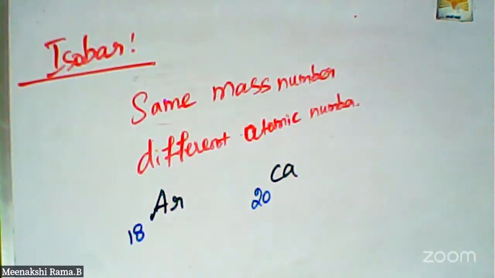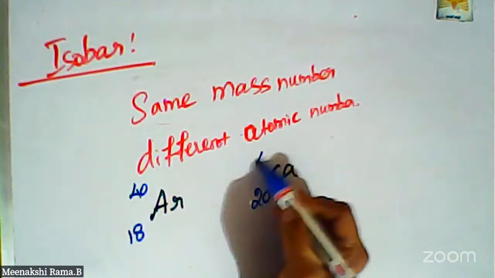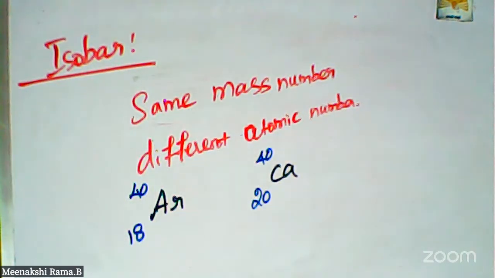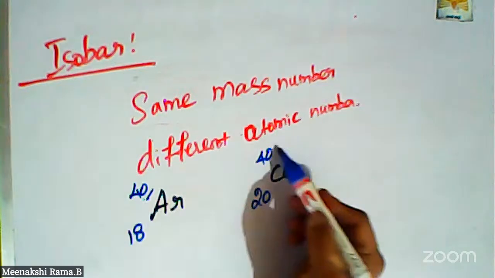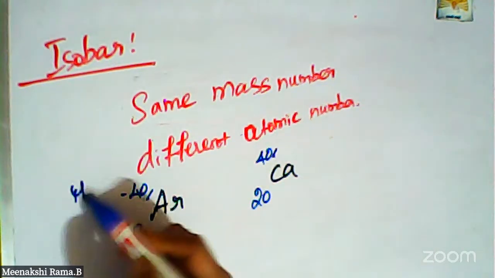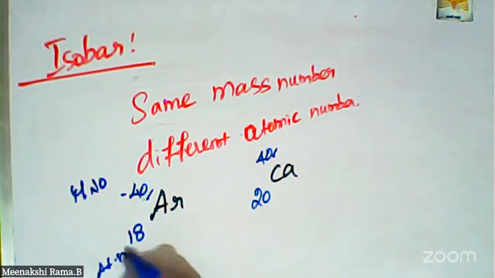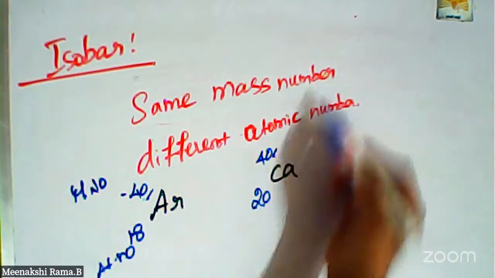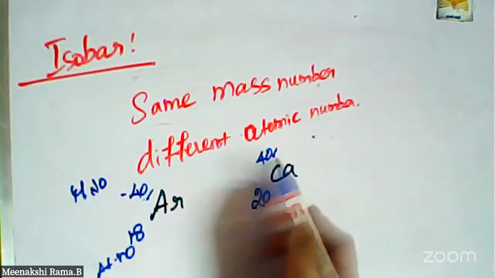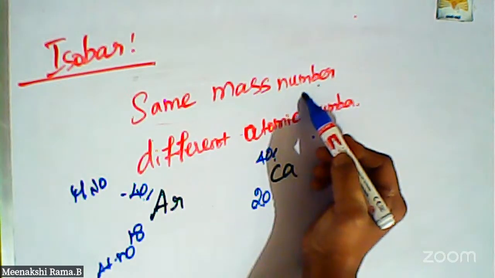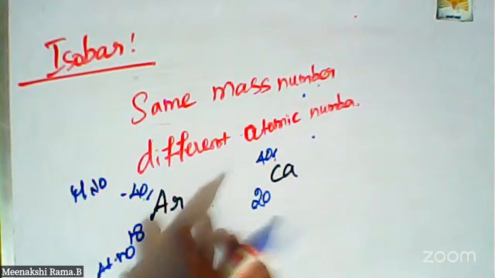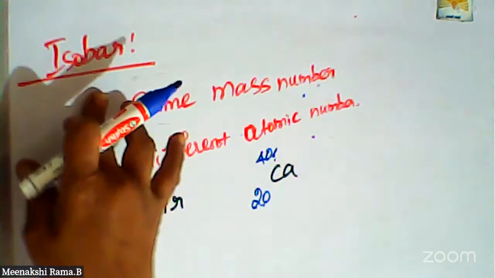The mass number of both argon and calcium is the same, that is 40. The superscript 40 is the mass number, and this is the atomic number. The atomic numbers differ, but the mass numbers are the same. So these are examples of isobars.